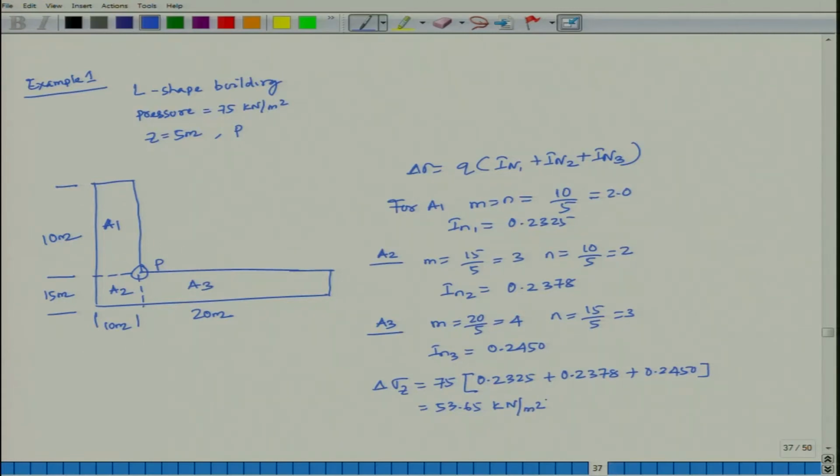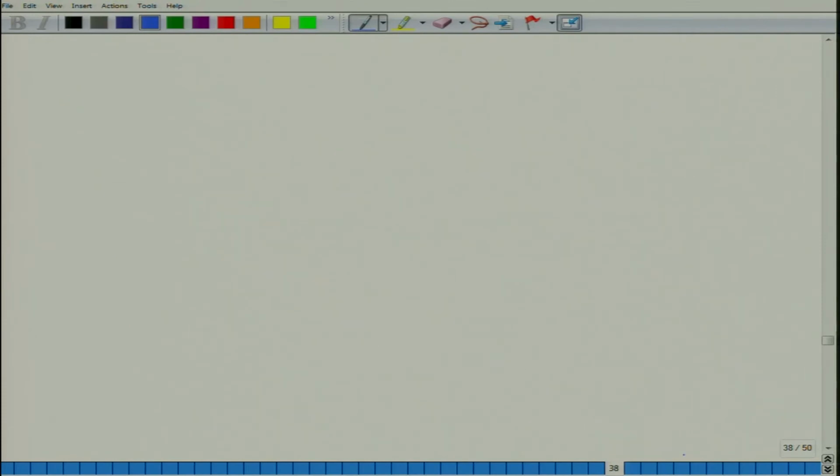Now, come to example 2. There is a case in which point P will be located outside.